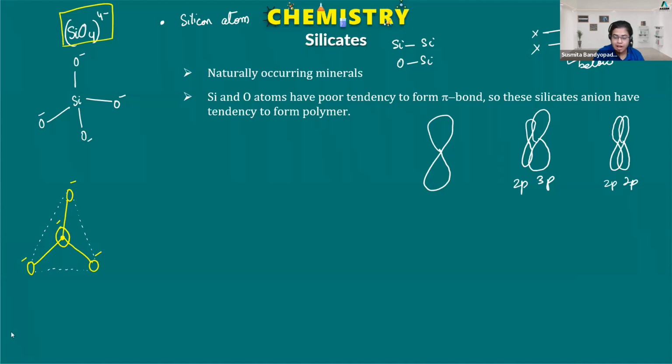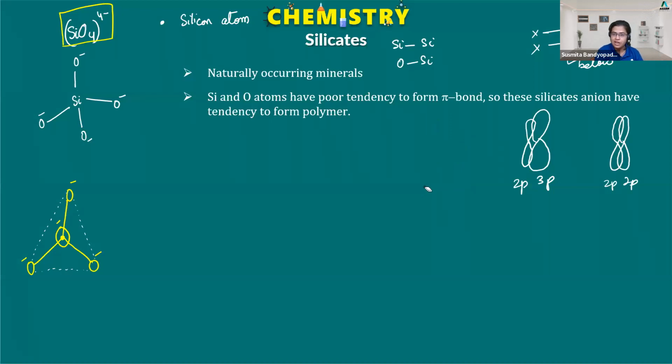Two fat people? No, no, no. Very difficult. The extent of this overlap, though I've shown it quite big here, will be very, very less. That's the reason, since pi bond involves sideways overlap.